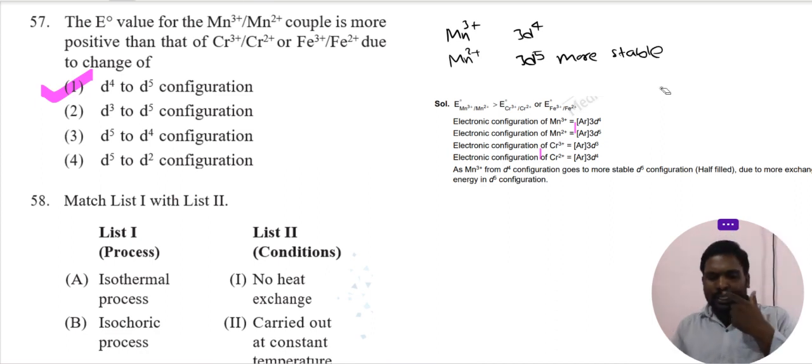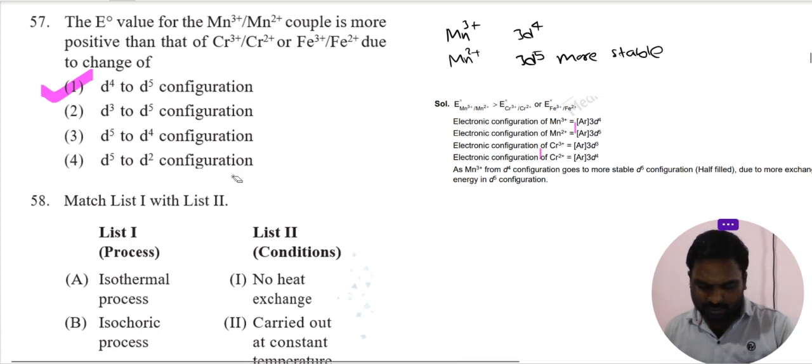Understood? So this is the reason this couple has a more positive value compared to the remaining two. So option 1 is the right answer.